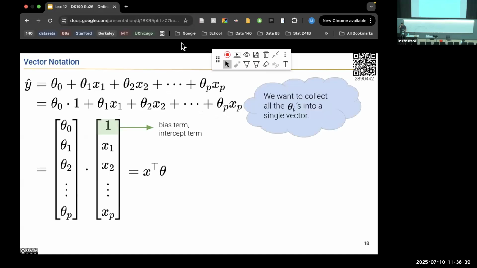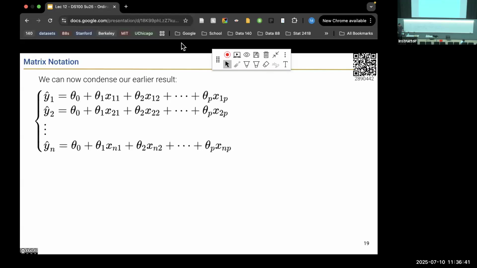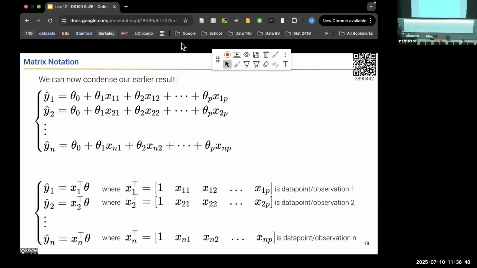So now, in writing out each prediction, we can simplify it by writing them in dot product form. My y1, the prediction for the first observation, can be written as x1 transpose times theta.